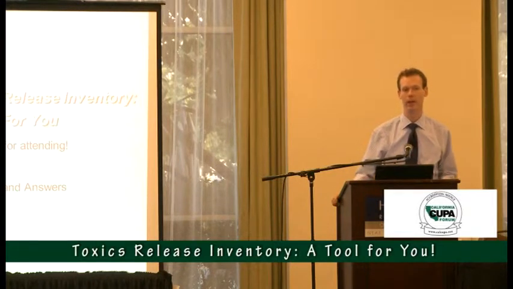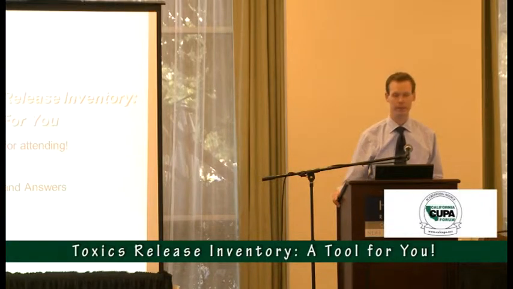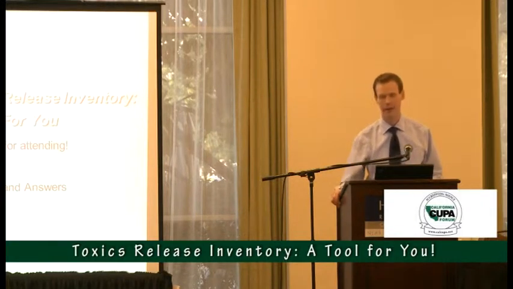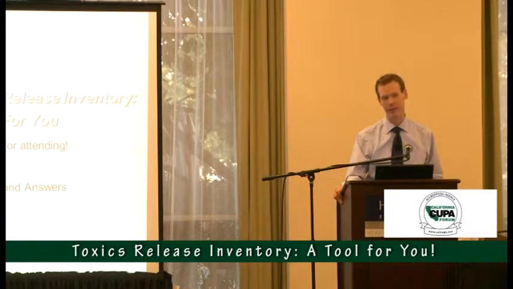We have this issue about cap and trade. Is the TRI being used as the database for that? No, the TRI is not being used as a database for cap and trade. Carbon dioxide, for one, is not a TRI reportable chemical, so there's no direct information.